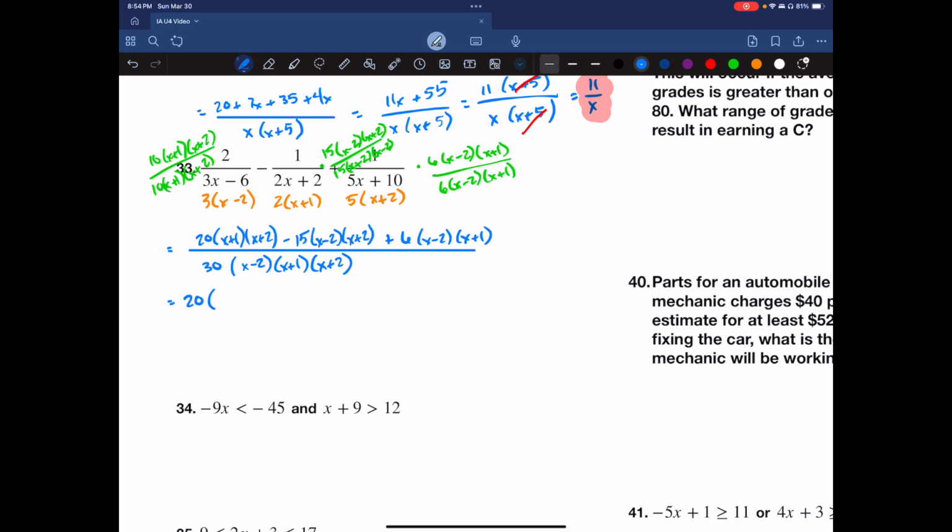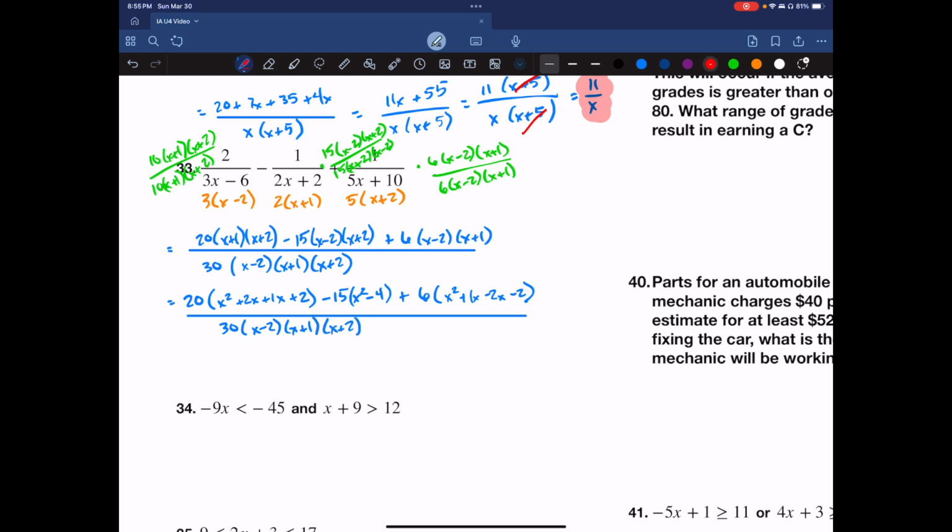This is going to be 20 x squared plus 2x plus 1 x plus 2 minus 15 x squared minus 4. It's going to be a difference. That's a breakdown of a difference of two squares. Plus 6 times x squared minus x plus 1x minus 2x minus 2, all over 30 plus 2 plus 1 plus 2.